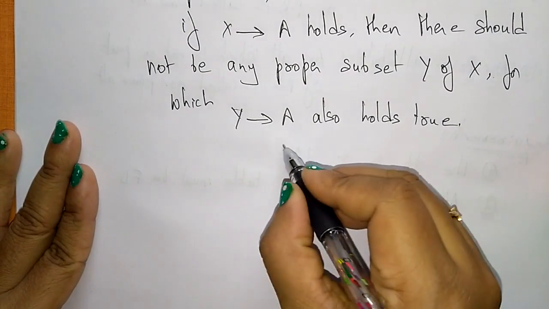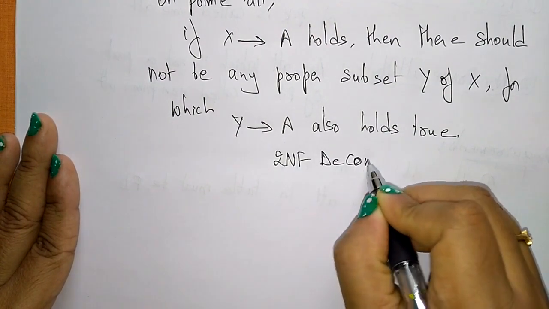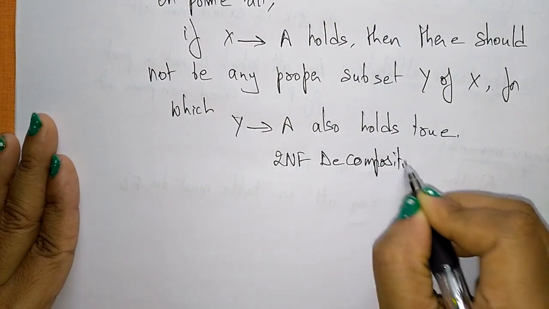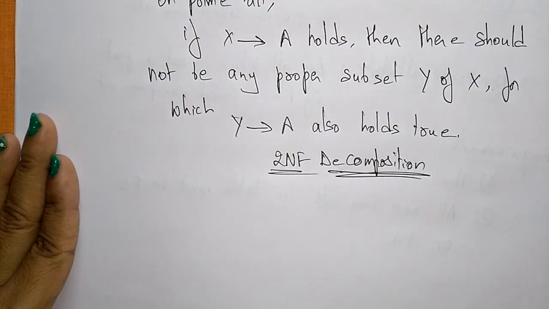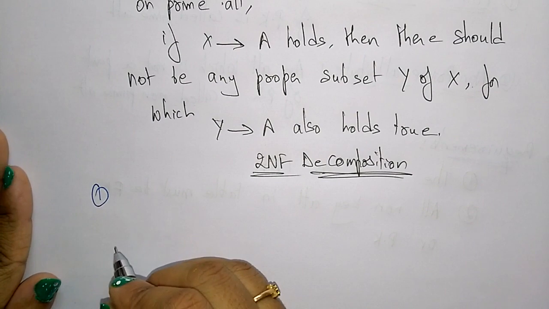Now let us see the 2NF decomposition. How do we decompose to 2NF? What is the first step?